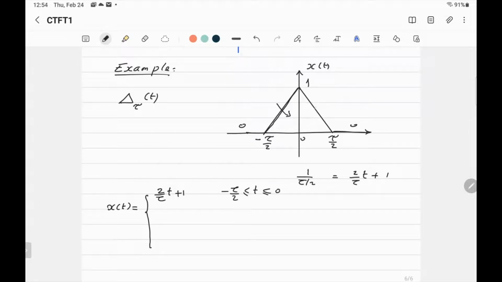And for the second region, where t is from 0 up to tau over 2, it will be the opposite. Its y-intercept is the same, 1, but the slope will be negative, so negative 2 over tau t. Let's check. If you put t equals 0, it's 1. Or if you put t equal tau over 2, that's right, 0. That's right. And 0 elsewhere.